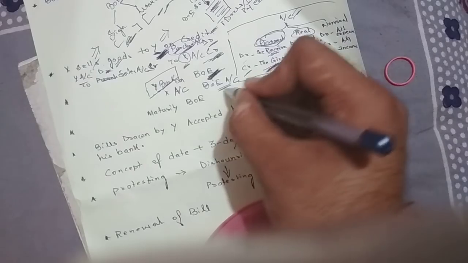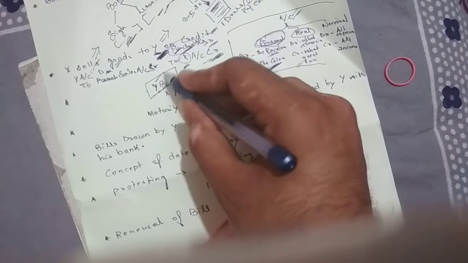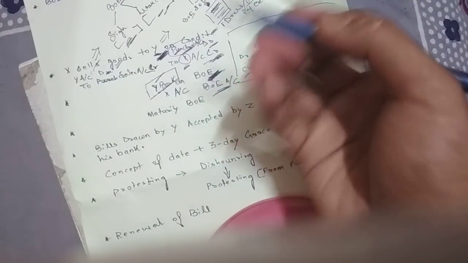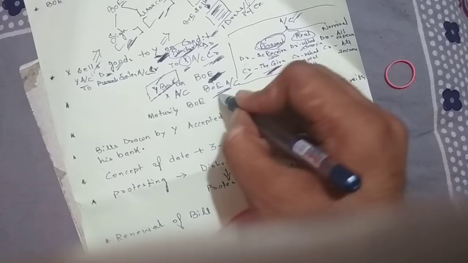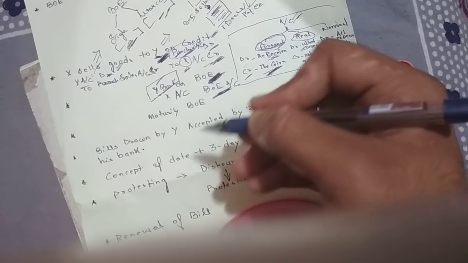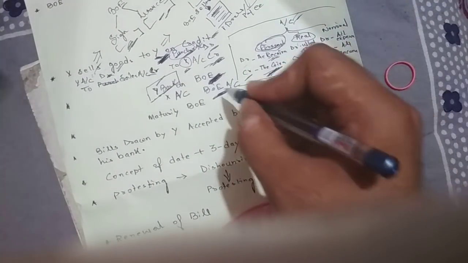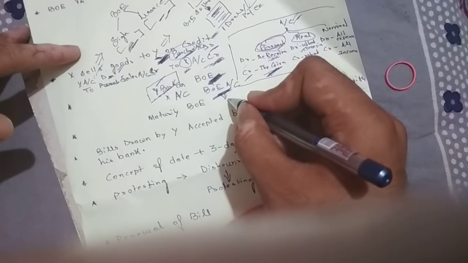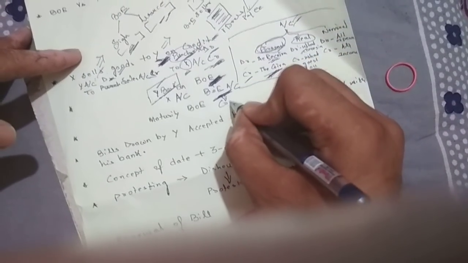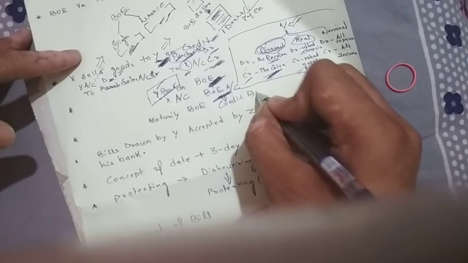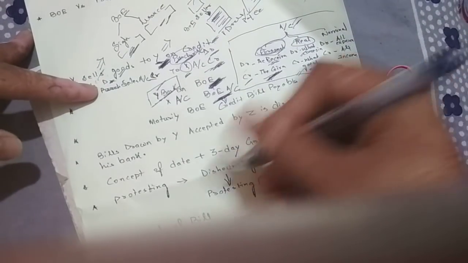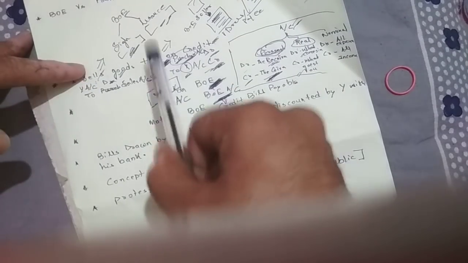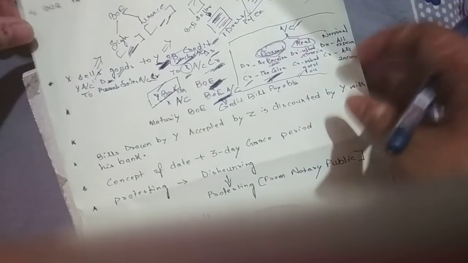Now since it is a bill of exchange, what does Y need to do? Y is accepting the bill on the basis that in the future he will pay the amount. So this is bills payable account. You can also remember this, they will directly ask this question, but you need to understand why it is happening. That's more important.